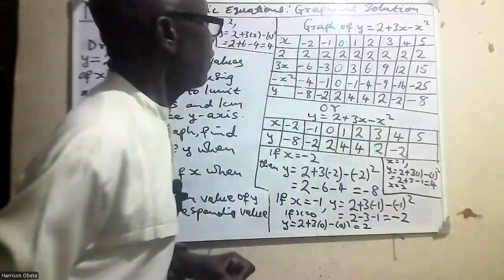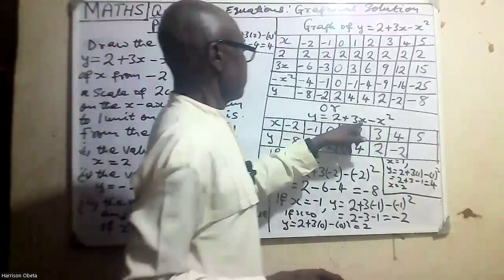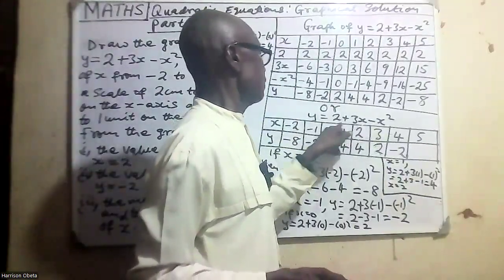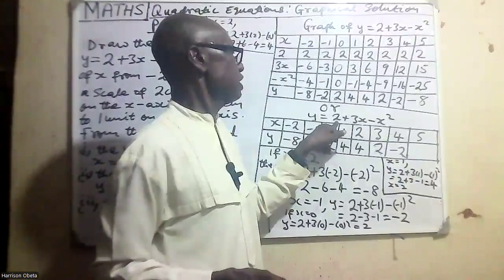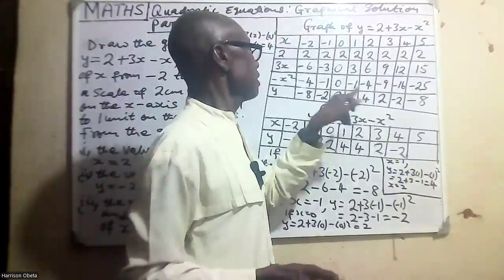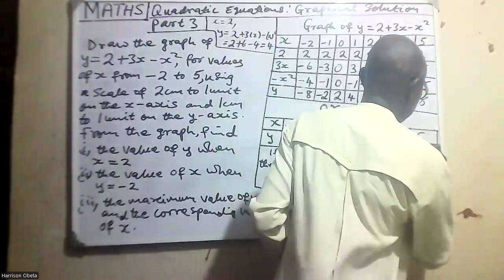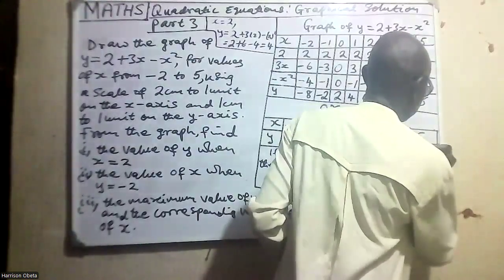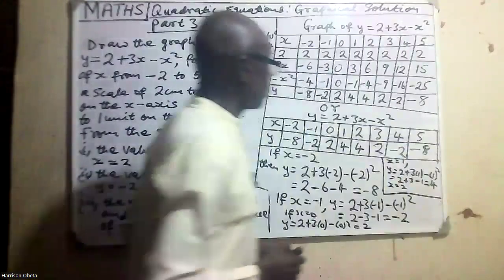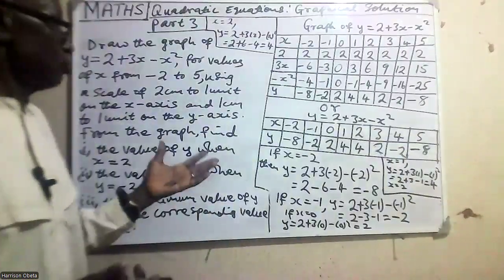And then that of 5. That will be 5 here, 15. 15 plus 2, 17. 17 minus 25 will give us minus 8. So you discover that you have the same values.